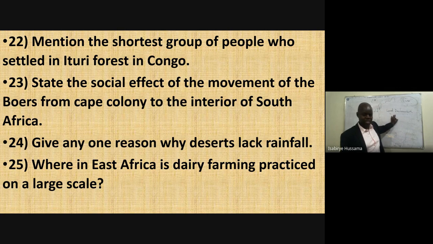These white settlers carry out dairy farming, it is true. But under dairy farming, there are methods that they apply. For example, we have traditional ways of keeping cattle and modern ways of keeping cattle. Which modern way of keeping cattle is practiced by the white settlers in the Kenya Highlands?